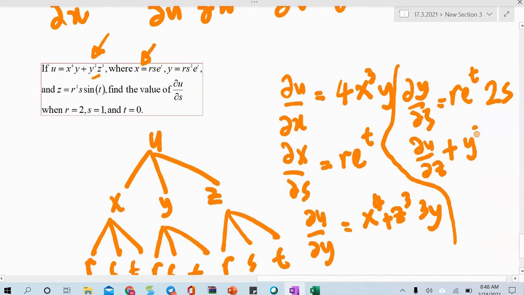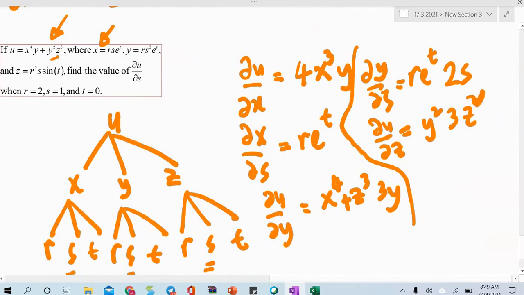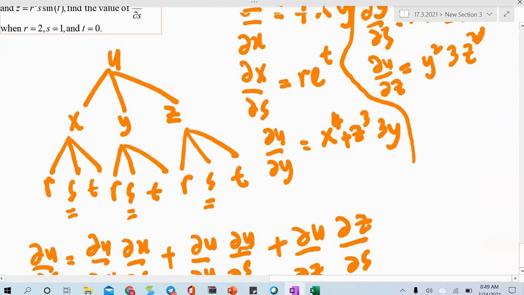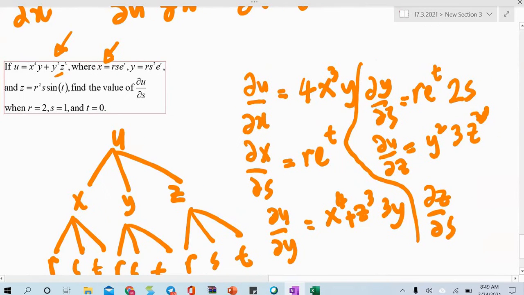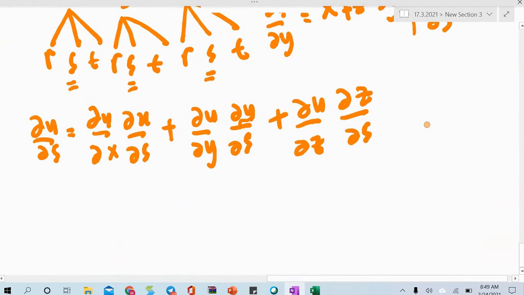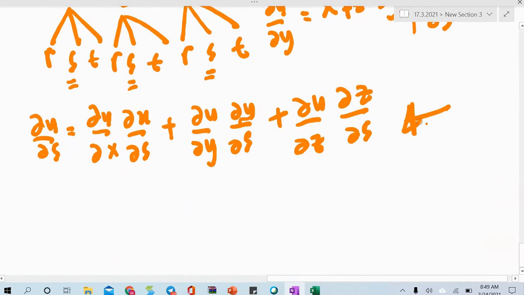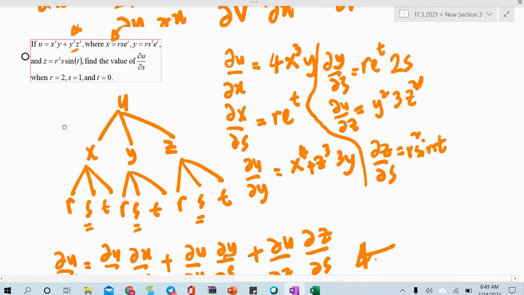Have y squared 3 z 2. 3 times z2. So this is 3 y squared z squared. Lastly, we have del z del s. Del z del s. So if z is r squared. Okay. I just substitute here. Okay. Just leave this exercise to you. But I already explained the concept.